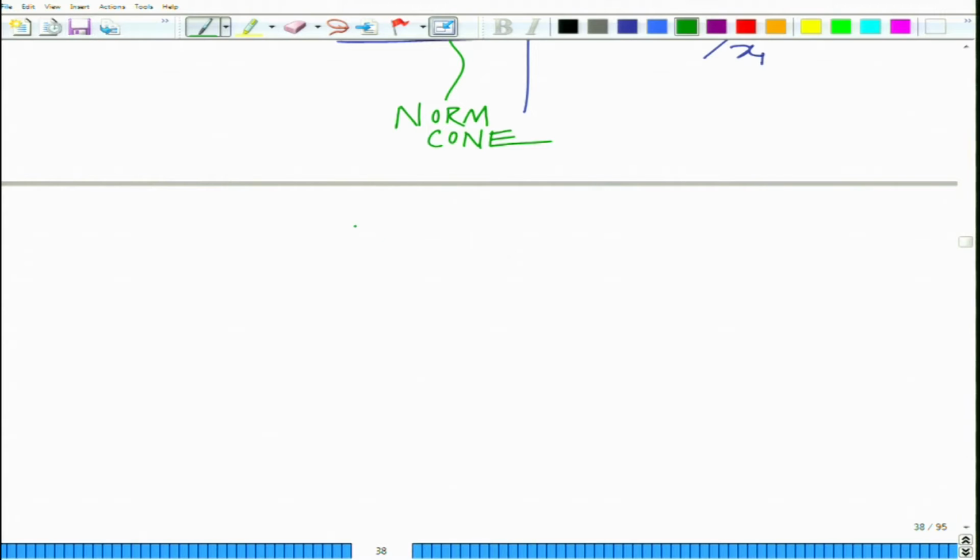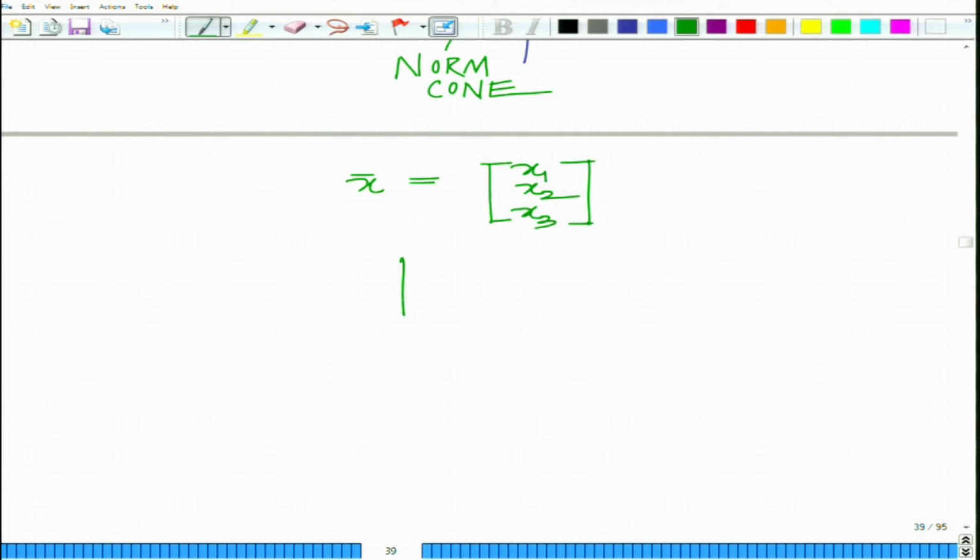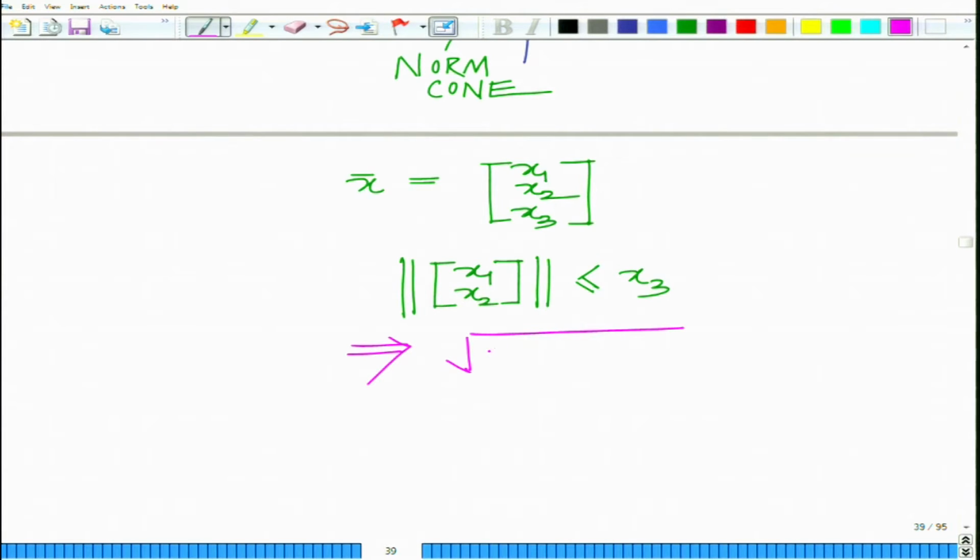Similarly, you can look at this for a three-dimensional scenario, that is you have x bar equals x1, x2, x3, and you consider the set of all points such that if you take the first two coordinates, norm of x1, x2 is less than or equal to x3, which basically implies that square root of x1 square plus x2 square is less than or equal to x3.